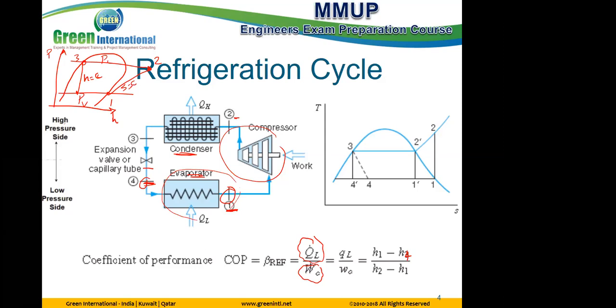This refrigeration cycle here is not the ideal one; this is the actual one. For actual, we use energy as enthalpy. For theoretical, we use temperature. We can describe the heat or work by temperature.